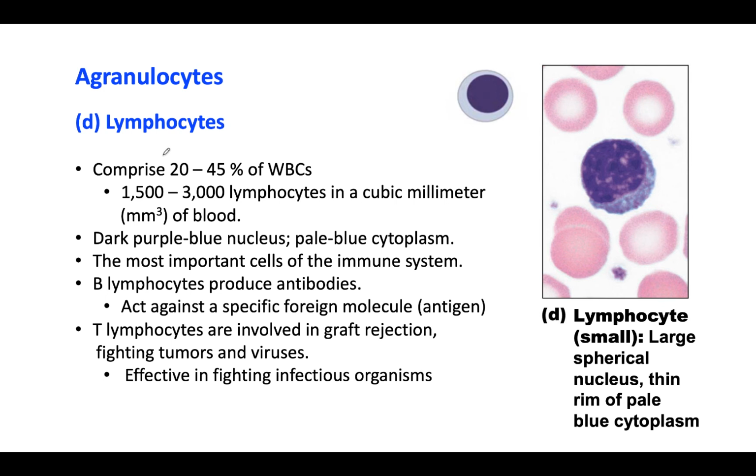It has a dark purple blue nucleus, the big nucleus, and outside the nucleus you might see an outline. A pale blue cytoplasm appears as a thin rim. The most important function of a lymphocyte is in the immune system.